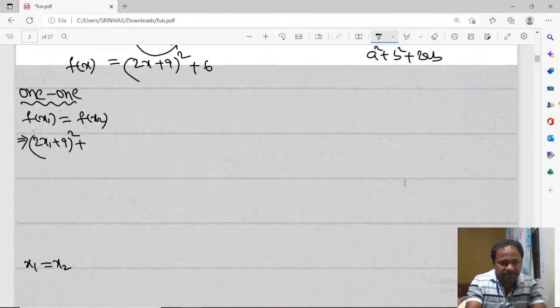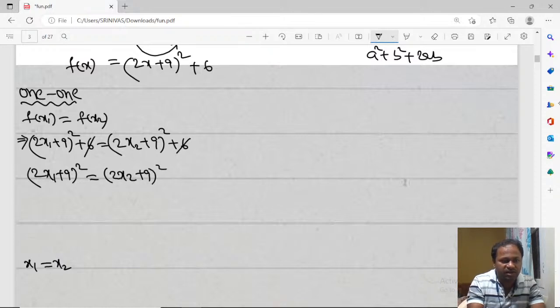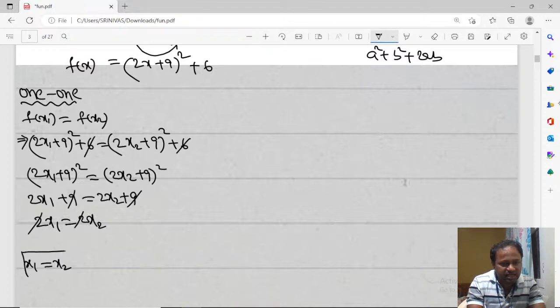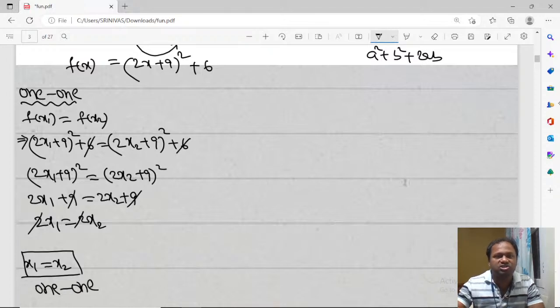Plus 6 is equal to 2x2 plus 9 whole square plus 6. Here 6 got cancelled. So 2x1 plus 9 whole square is equal to 2x2 plus 9 whole square. Remove the square. 2x1 plus 9 is equal to 2x2 plus 9. 9 got cancelled. 2x1 is equal to 2x2. 2 got cancelled. I got x1 is equal to x2. So one-one function proved.